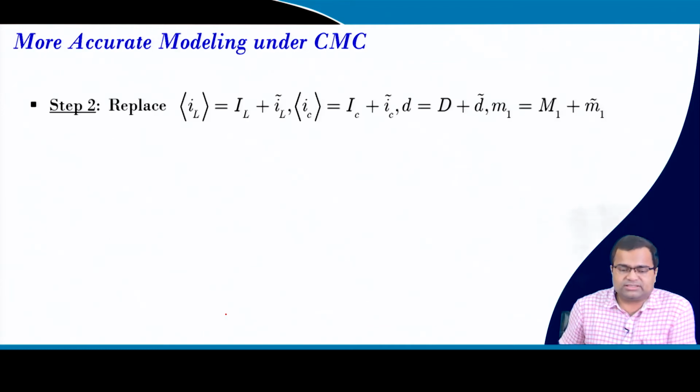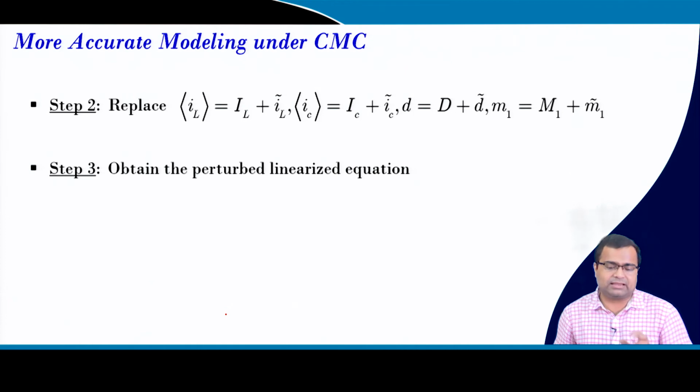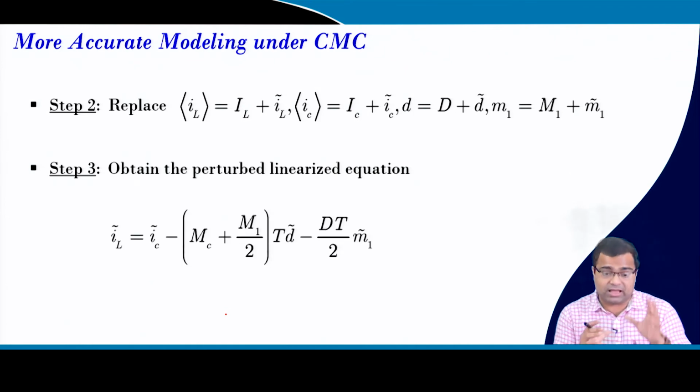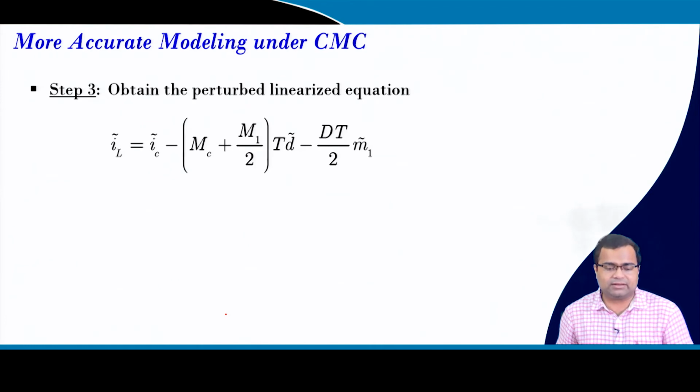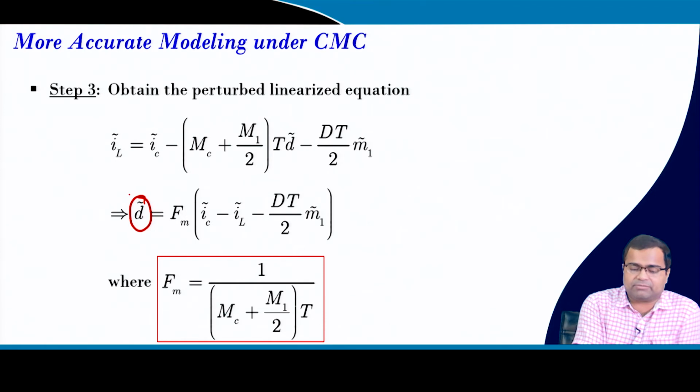Then step 2, you can now consider the steady state quantity and perturbed quantity, and then obtain the perturbed equation. From there, you will find that the duty ratio perturbation can be written in terms of modulator gain, control current, inductor current and this.